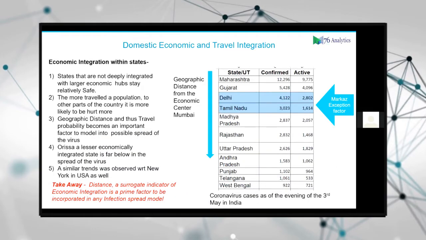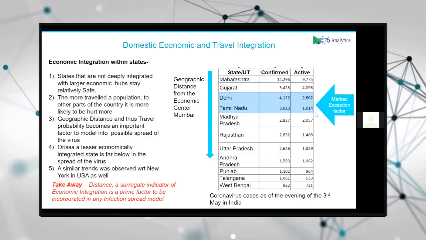We come to India. We looked at the confirmed cases across all the different states, and here again, we tried to develop a surrogate metric. The metric was the geographic distance. Mumbai is the financial capital of the country. What was the geographic distance from Mumbai to other states, and how do their confirmed cases look?